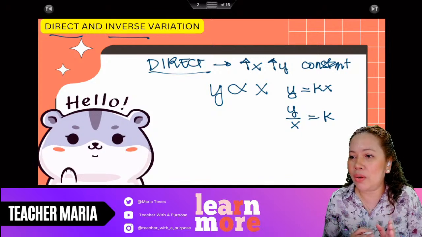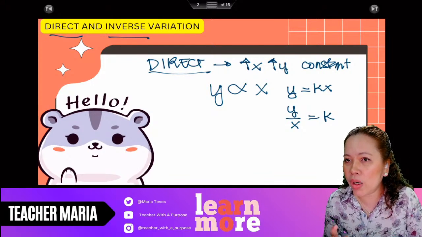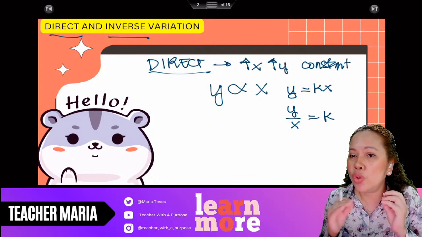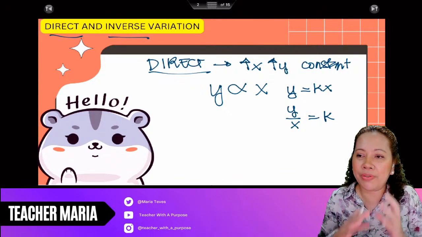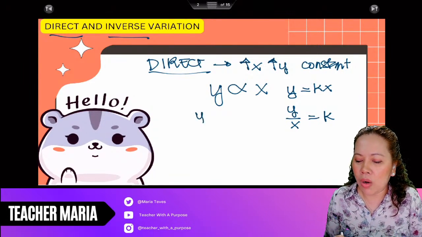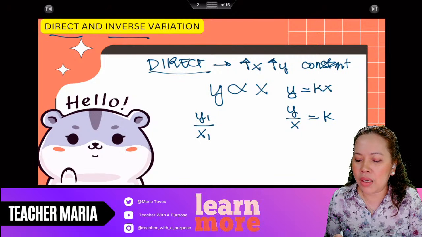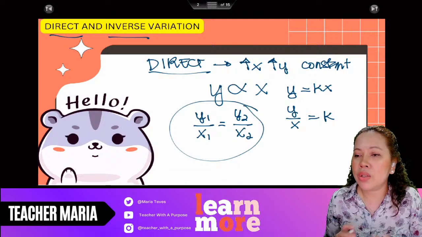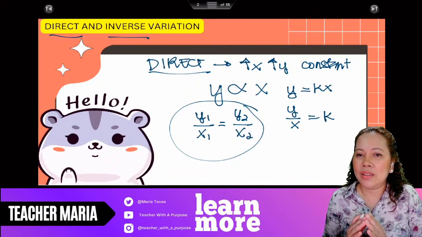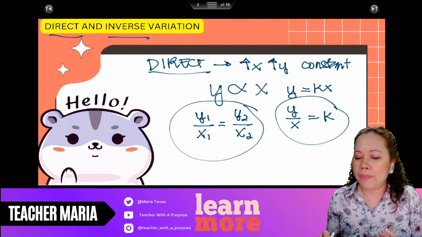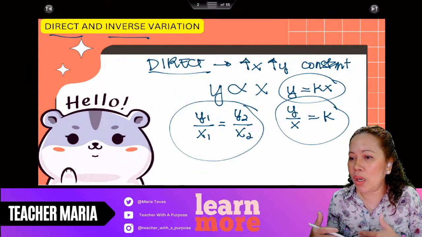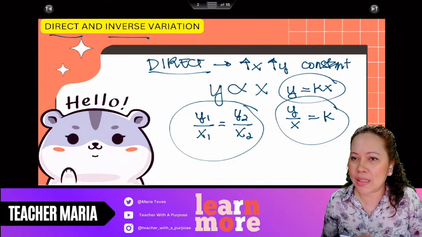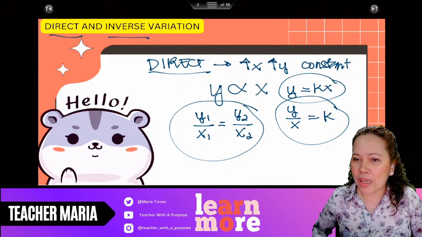Therefore, if you wanted to compare two variables before and after it increases, that will be y1 over x1 equals y2 over x2. So that is your direct. That is your direct variation.